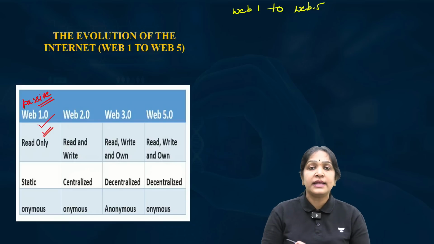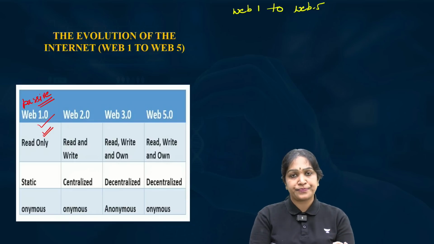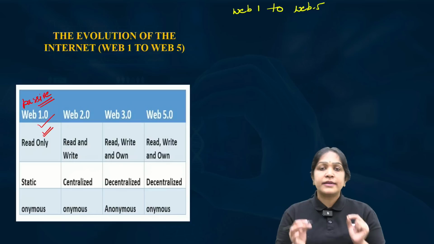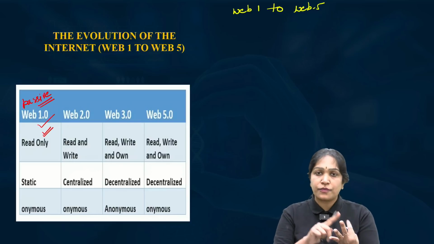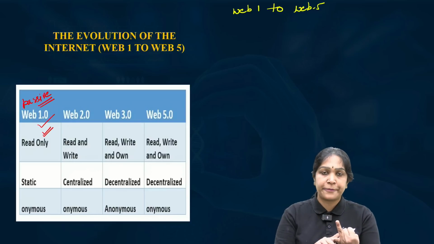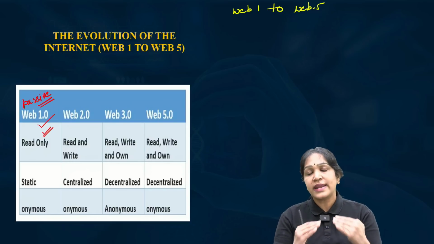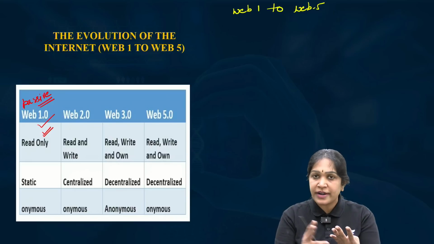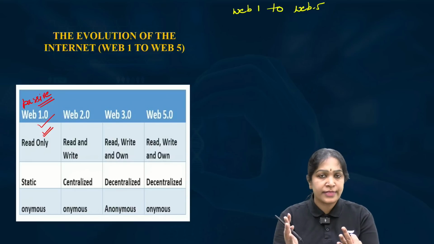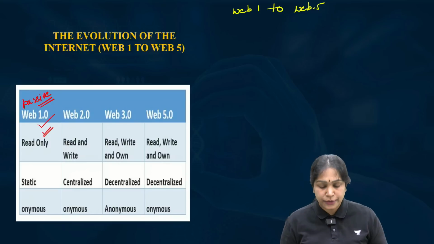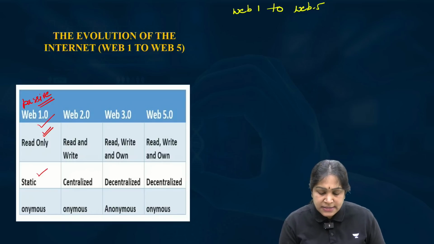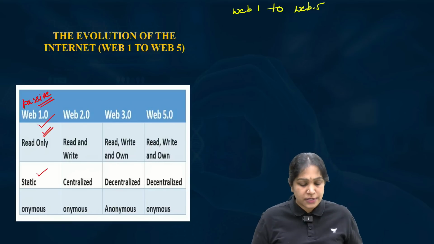We are not interacting with the internet. We are doing read only, I mean, read only or watch only or listen only. But you cannot do anything from your side. You cannot modify that. You cannot comment on that. Such actions you cannot do. Because of that reason it is also called static internet.